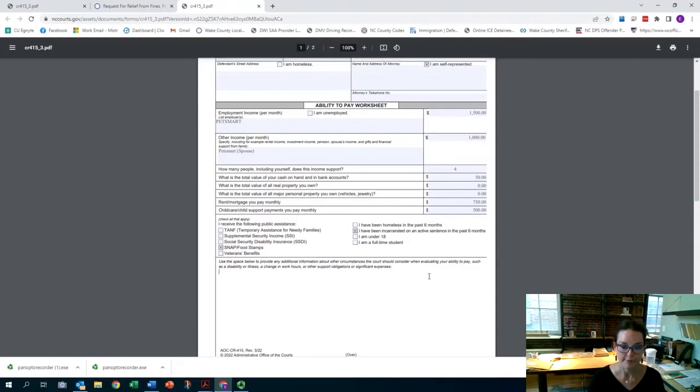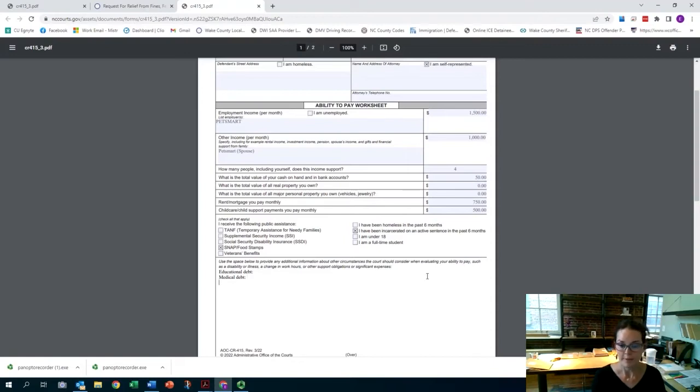In this portion, I would recommend that you include any educational debt that you have, such as student debt for prior education. I would recommend that you also include any medical debt. So if you have hospital bills from a previous medical crisis and that debt is outstanding, I would recommend you include that here as well.